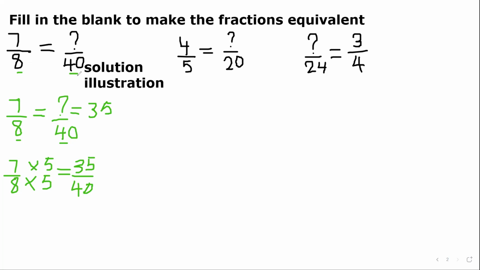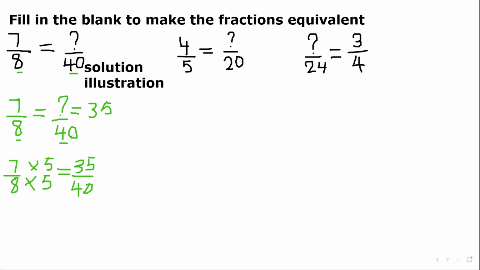So first you check the denominators or you check the common number that appears here. Now we have the 8 against the 40. And we always know that before you can get an equivalent fraction, it means both numerator and denominator have been multiplied by a certain number in order to ascertain another fraction that also has a different numerator and different denominator.